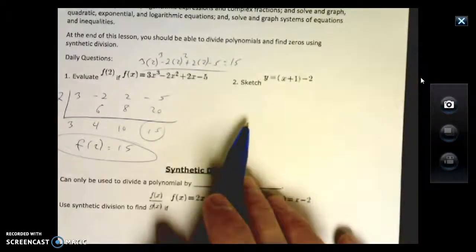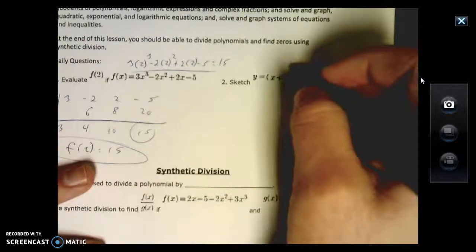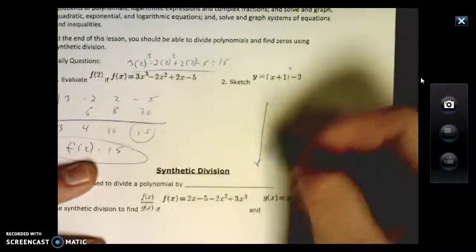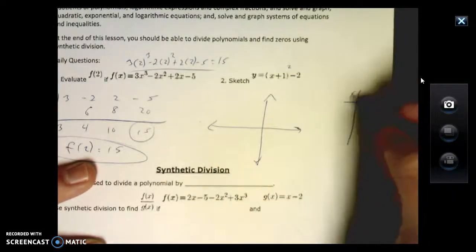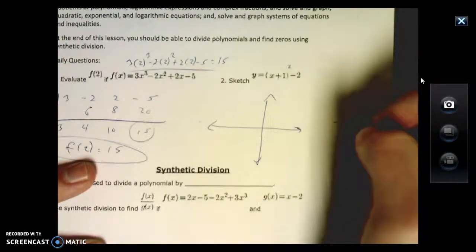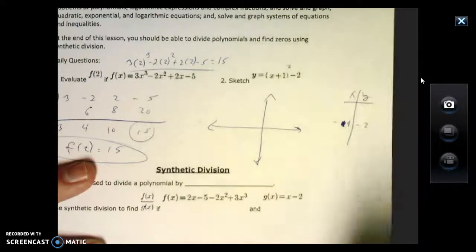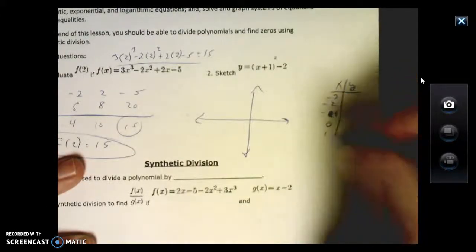All right. Sketch this function over here: y equals the quantity x plus 1, minus 2. I'm assuming they meant squared here. So all they wanted here was a parabola. It's -1, -2 for your vertex. So -1, -2, and you build around it. -2, -3, 0, 1.